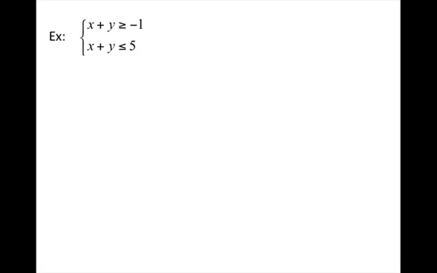I have x plus y is greater than or equal to negative 1, and x plus y is less than or equal to 5. So let's begin with our first boundary line. X plus y equals negative 1, and our second boundary line will be x plus y equals 5. So for the intercepts of my first boundary line, for my x-intercept, let y be 0. If y is 0, I get that x is negative 1.